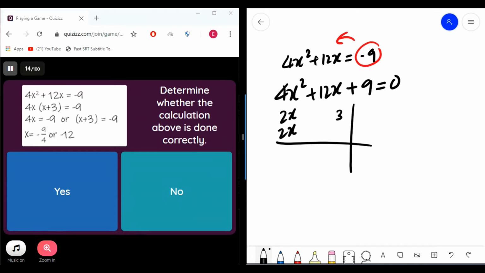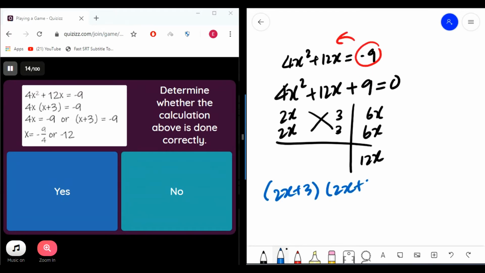Then 3 times 3 is 9. So that we will have 6x plus 6x, so it's 12x. So when we factor it out, it should be 2x plus 3, then 2x plus 3. x equals -3 over 2, x equals -3 over 2. The calculation is wrong.